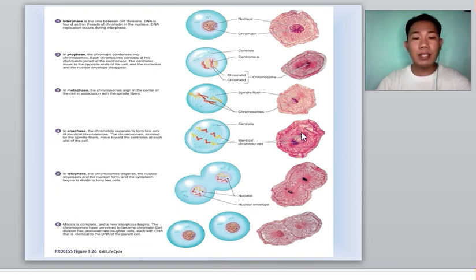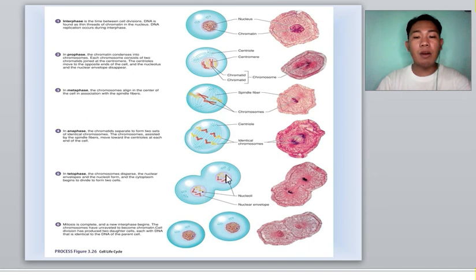In this stage, the chromatids separate to form 2 sets of identical chromosomes. So the chromosomes are associated with the spindle fibers and move towards the opposite poles of the cell, going to the centrioles at the end of the cell.